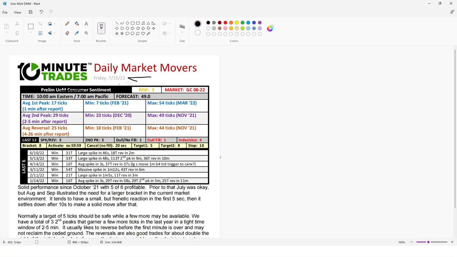It might be gold, and it's going to have the symbol, okay? And then this area in here, that's like a history of how the report's been moving over time. And you can see there's dates in there, all right? And some of the dates go back to 2020. So this is historical data.